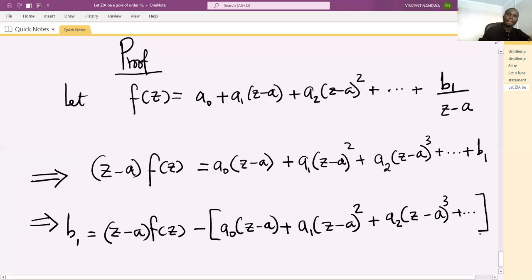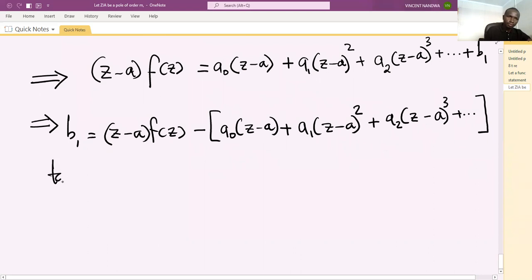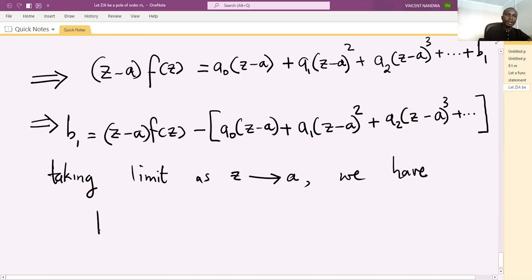Now taking limits as z tends to a, we have limit b1 equals limit as z approaches a of z minus a times f of z, because all these other parts will be 0.